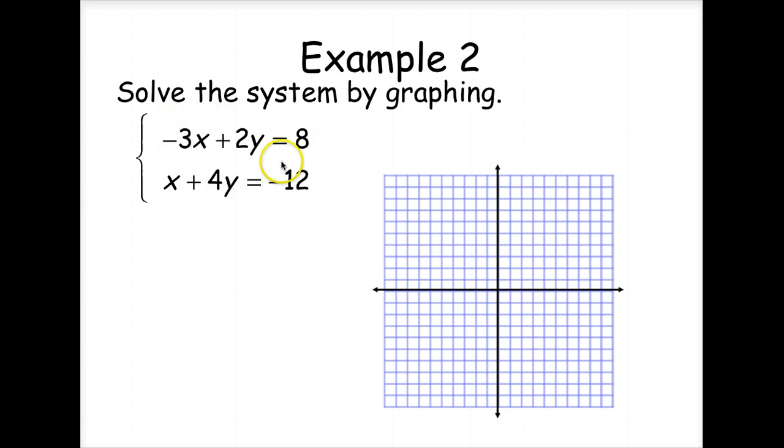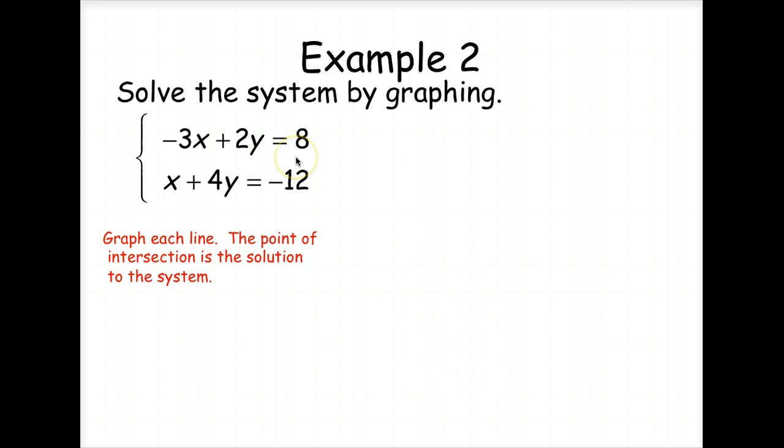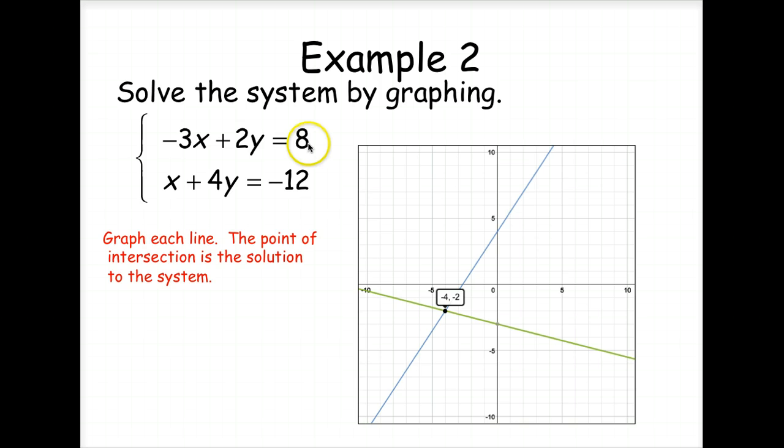Okay, there's something we're going to have to do here first. We're going to have to solve for y. You want to take a moment and do that? So we're going to graph each line, and then the point of the intersection is the solution to the system. Add 3x to both sides, divide every term by 2. We will see that it crosses the y at a positive 4.